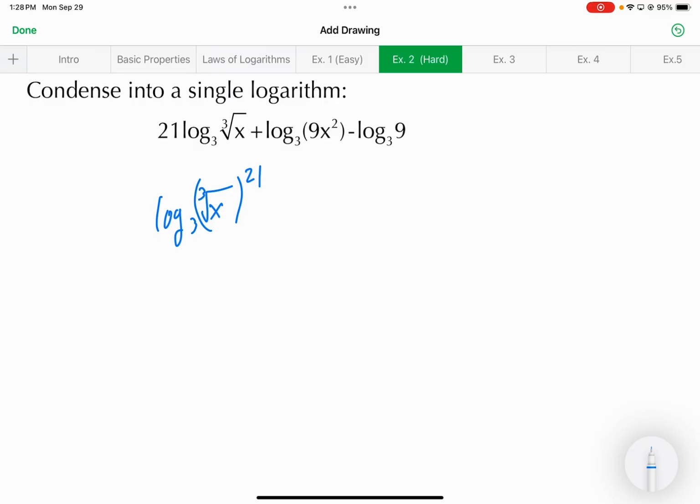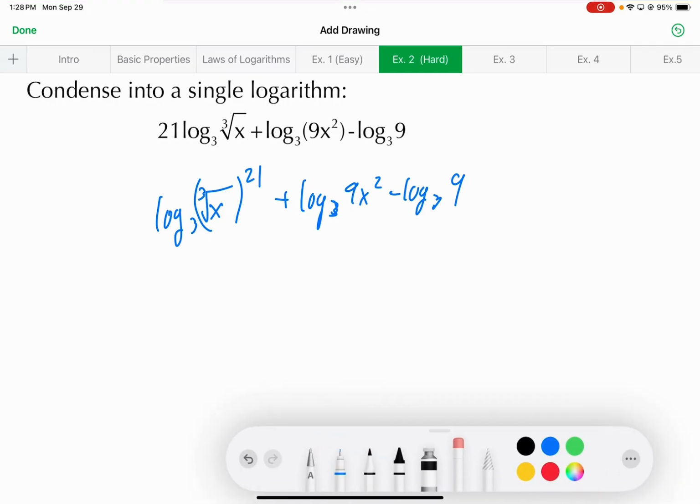Can I simplify that? I can, right? All right, I'll do that next step. Plus, well, I guess there's nothing that I can necessarily do with my next two terms, right? Because those don't have powers on them. All right. What do you guys want to do next?